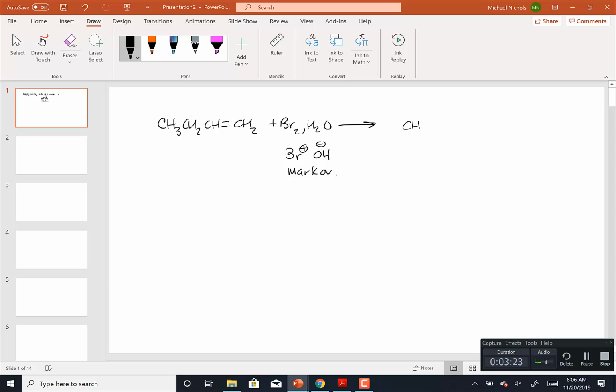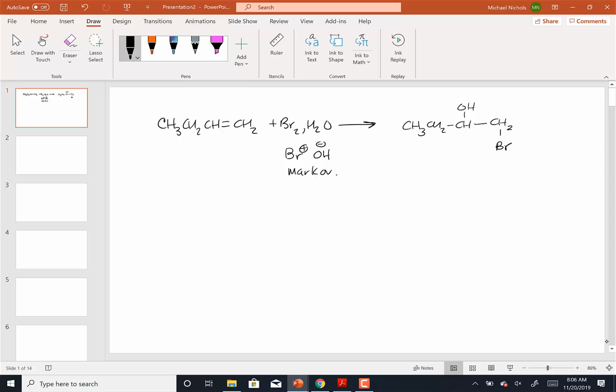Now, in this case, it doesn't quite matter whether it's cis or trans because it's not a cyclic system. So I'm going to end up adding the OH to the CH and adding the Br to the CH2. And this is what we call a bromohydrin.